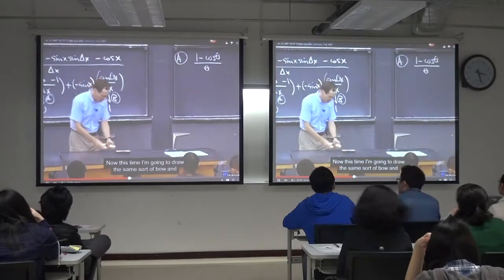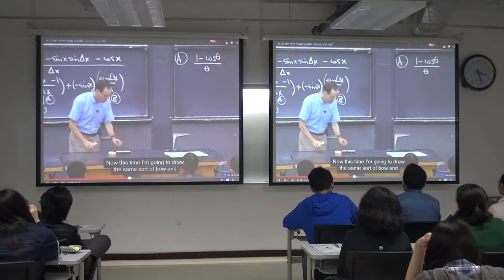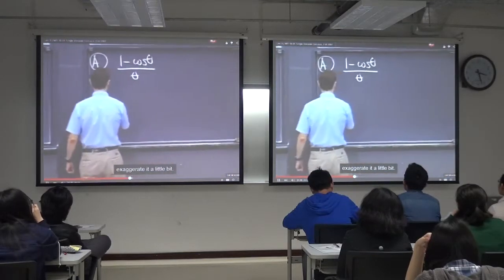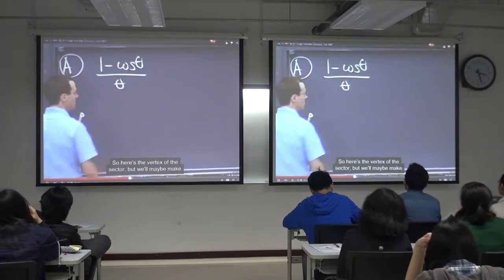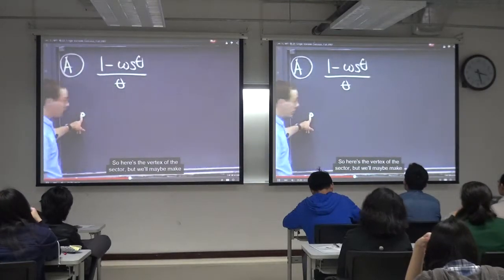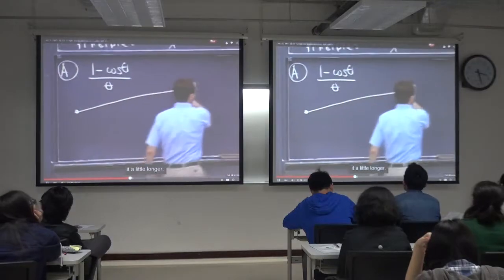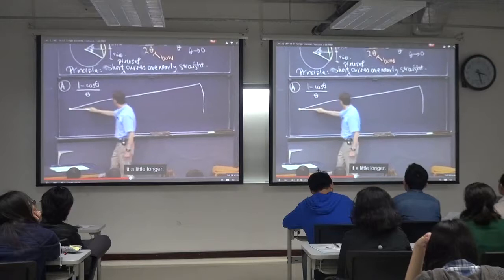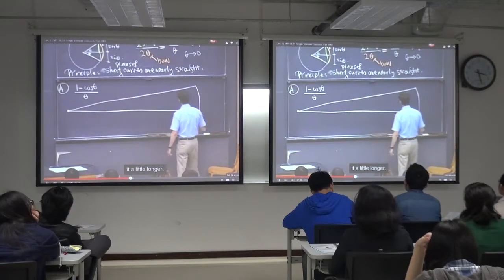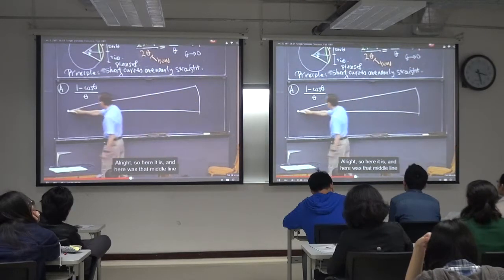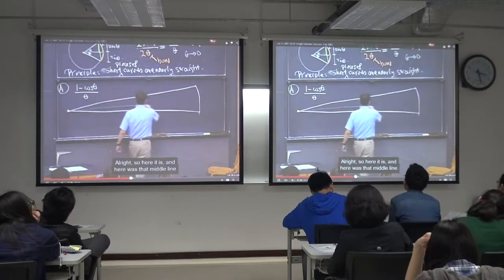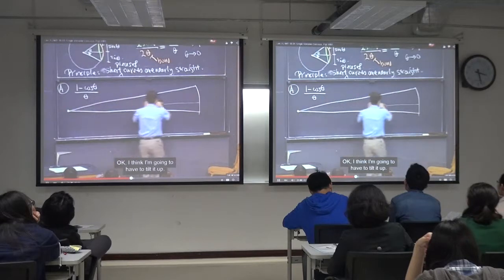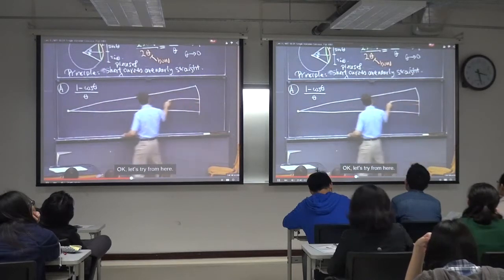Now this time, I'm going to draw the same sort of bow and arrow arrangement, but maybe I'll exaggerate it a little bit. So here's the vertex of the sector, but we'll make it a little longer. Here was that middle line.